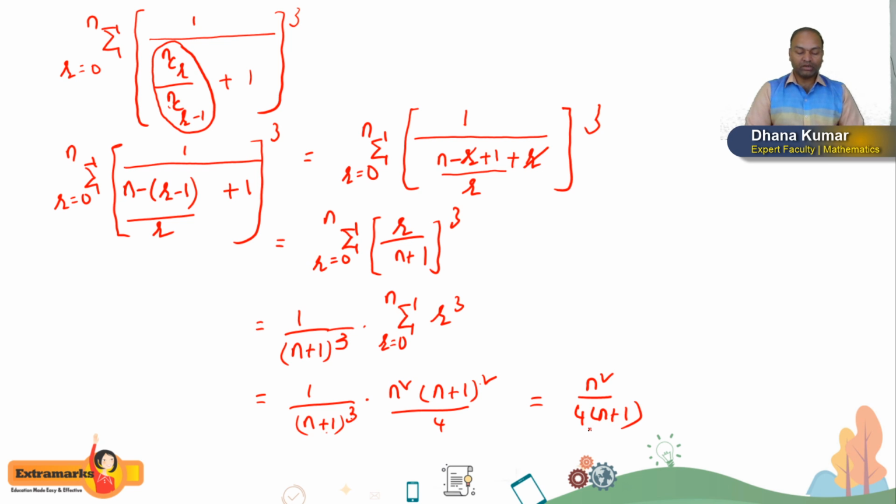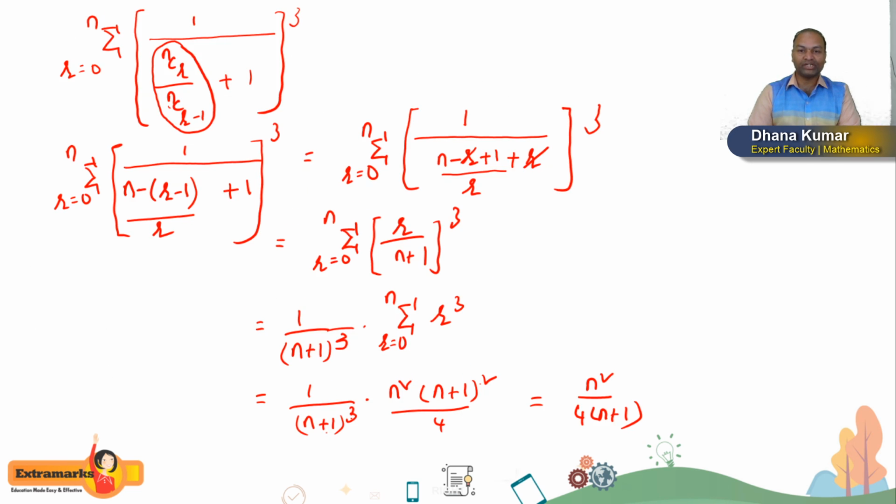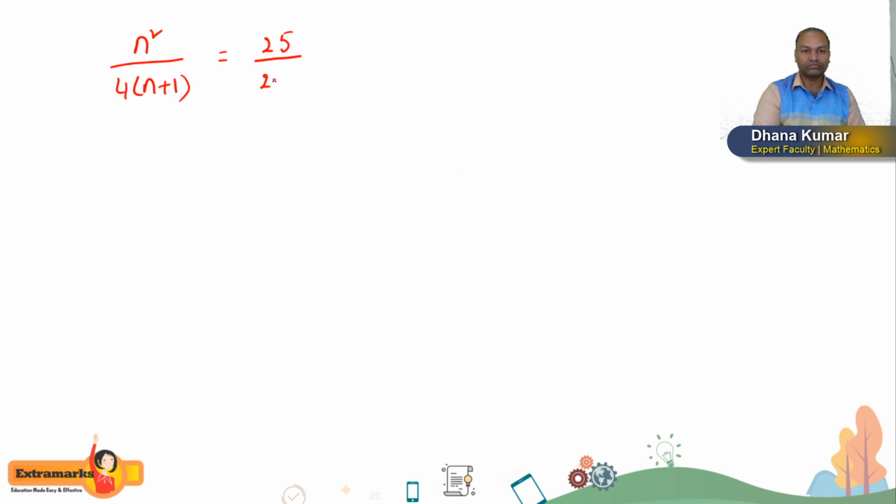Correct or not? Right. So you observe that one, that is equal to 25 by 24. Fine. n square by 4 times n plus 1 is equal to what? 25 by how much? 20. Just you see here, 24. Fine. Cancellation possible. 4 ones are 4, 6.